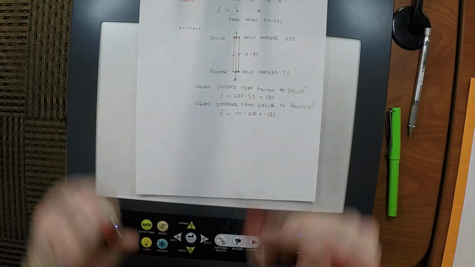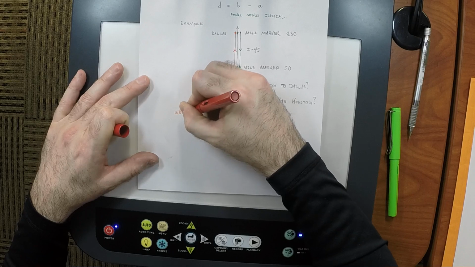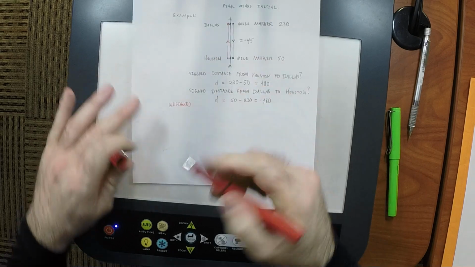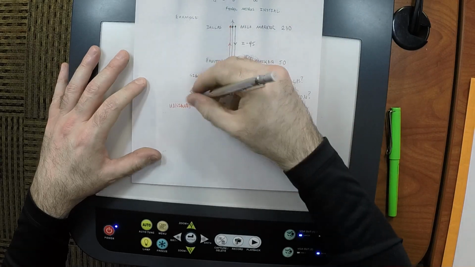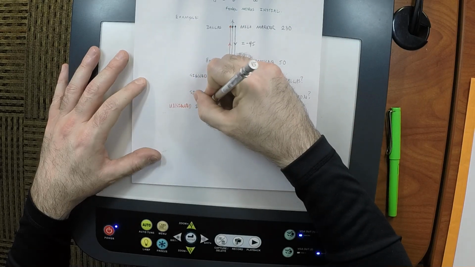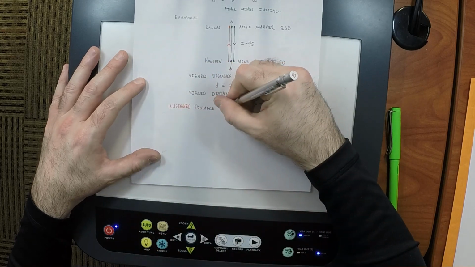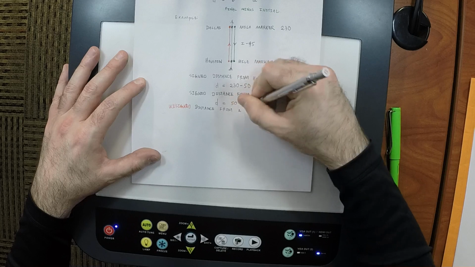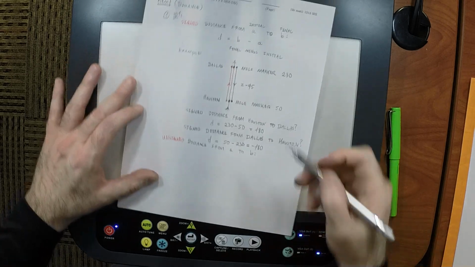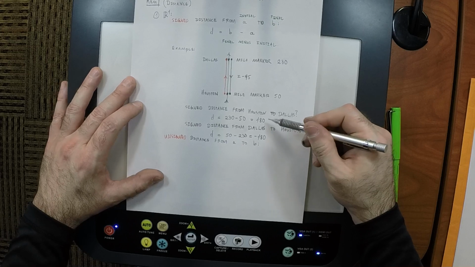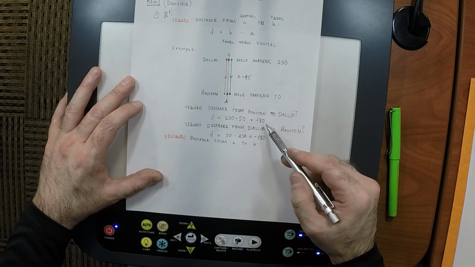We also want an unsigned distance. So the unsigned distance from A to B. So in this case, what we mean by unsigned is essentially, notice that if you do it in this order, you get 180.